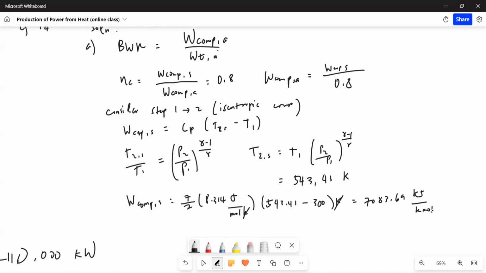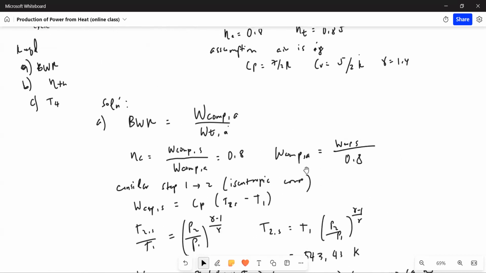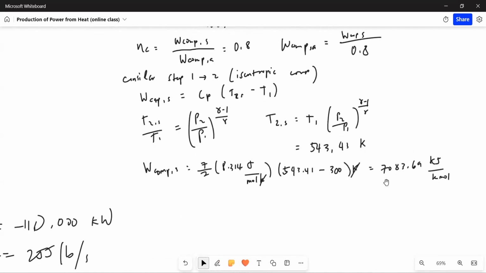Going back to the efficiency equation, we divide this value by the efficiency 0.8, and we get the actual work of the compressor equal to 8854.61 kilojoules per kilomole.